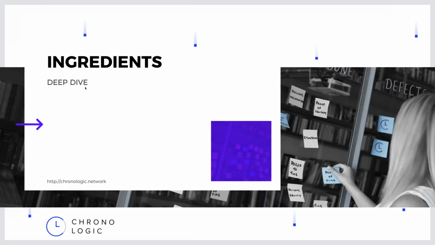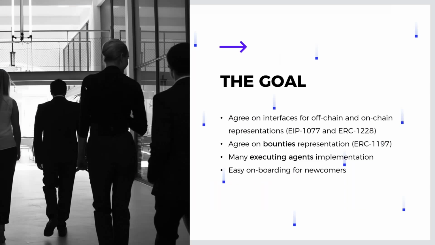So what's the goal? Essentially, we need a couple of things upfront if we think about running this kind of market. One of the most important things, I think, is the interfaces for the off-chain and on-chain representations. We have some EIPs and ERCs trying to get there.